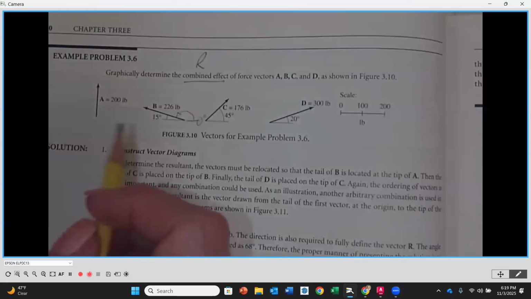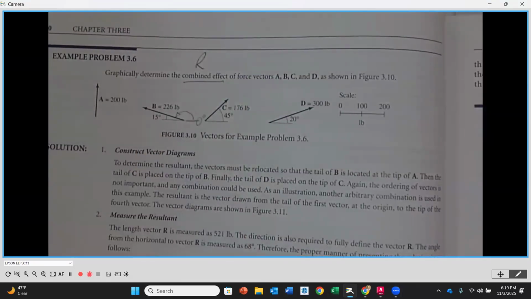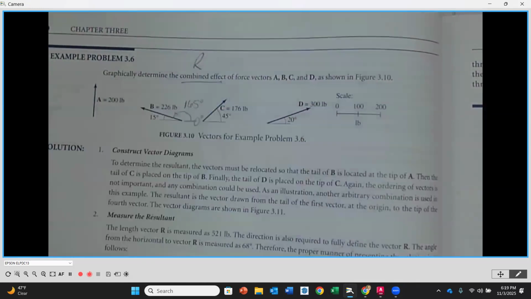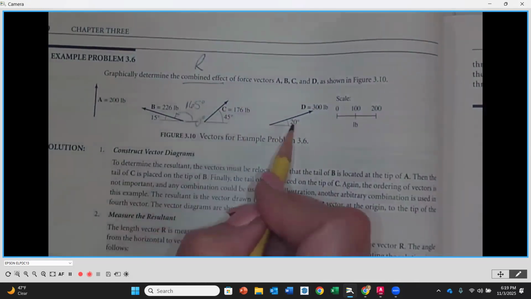So this one would be 180 minus 15. What would that number be? 180 minus 15 degrees. 165. 165 degrees.